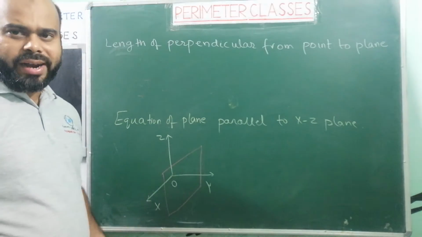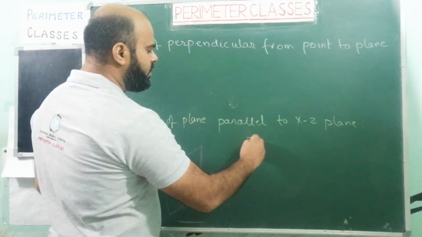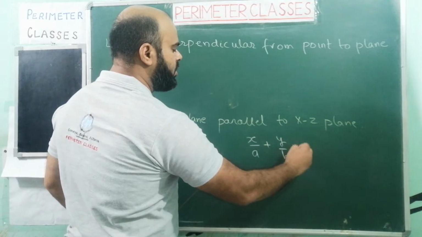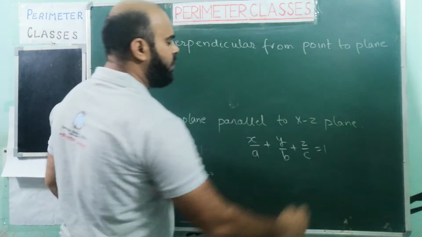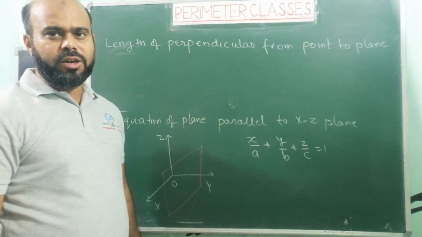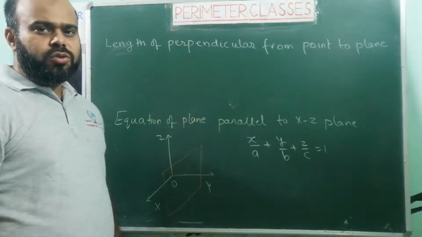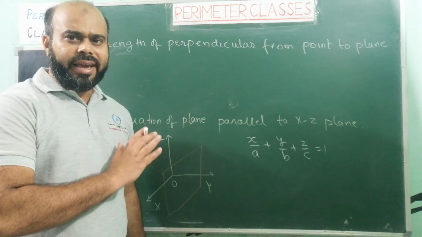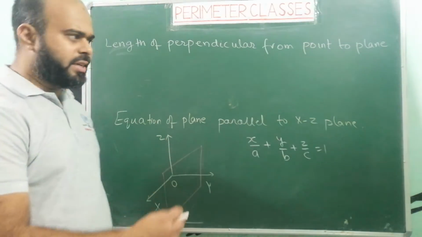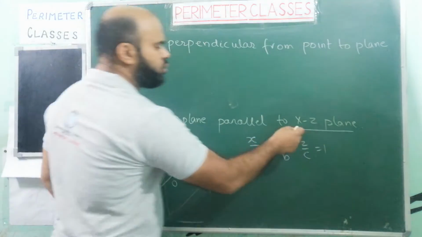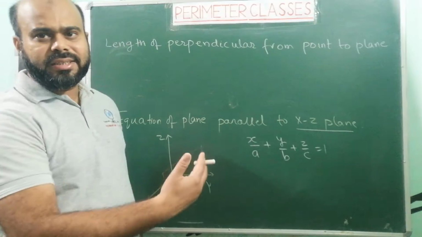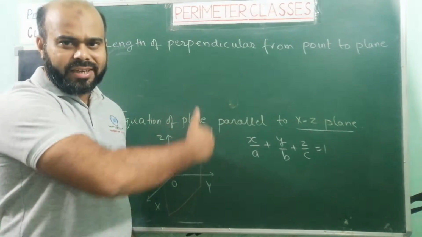If we want to write the intercept form of a plane, we know it is x by a plus y by b plus z by c is equal to 1. Now since this plane is parallel to the xz plane, it will not intersect the x-axis, and it will also not intersect the z-axis.